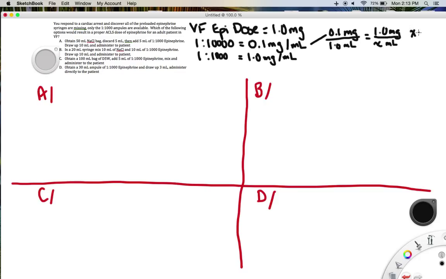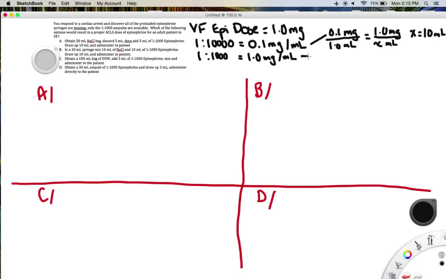If you work that out, it turns out that X is 10 milliliters. So 1 mil times 1 milligram divided by 0.1 milligrams, the units cancel out, we get a volume of 10 mils. Okay, so if I take 10 mils and I multiply it by 0.1 milligram, I get 1 milligram of drug. And that's why our preloads are in the volume of 10 mils.